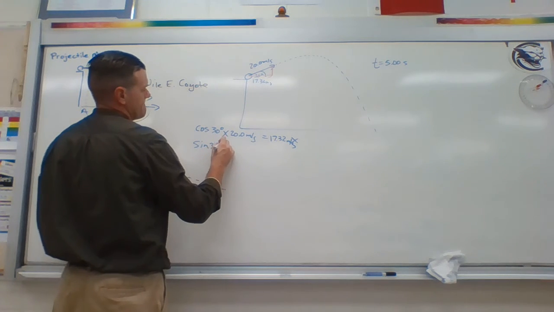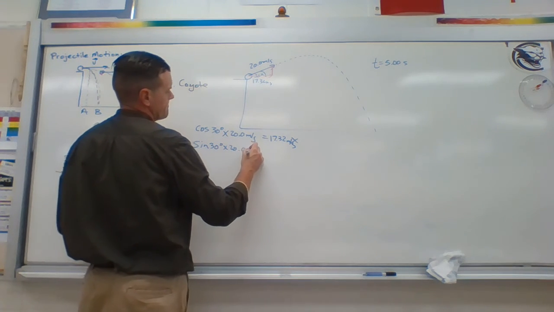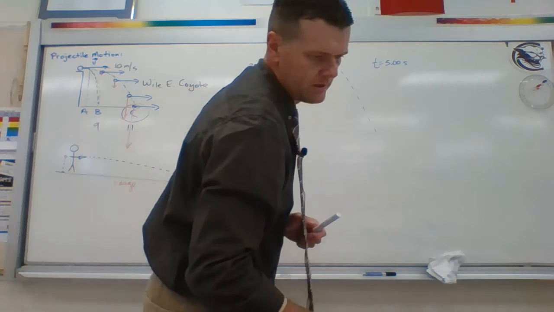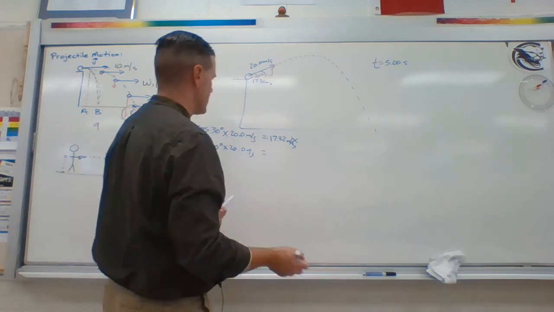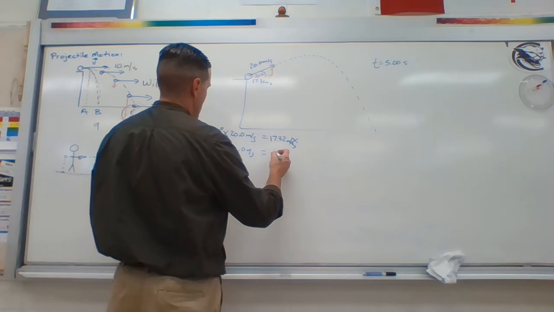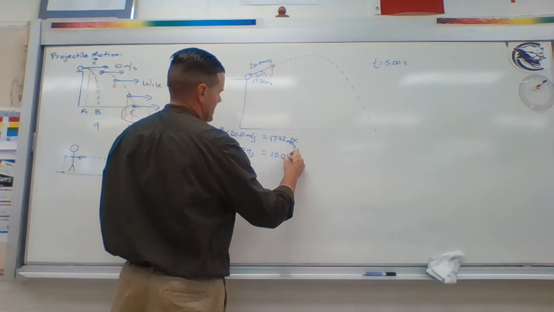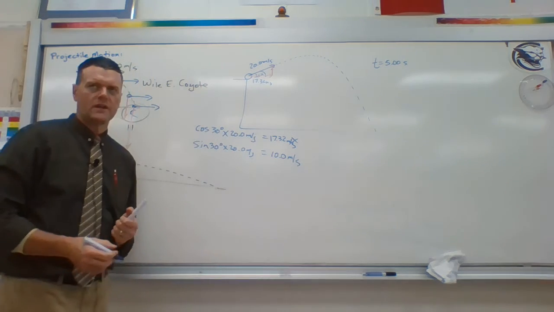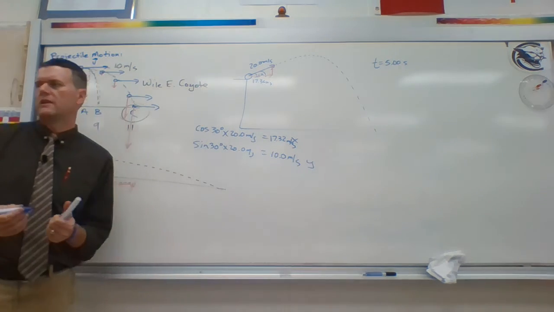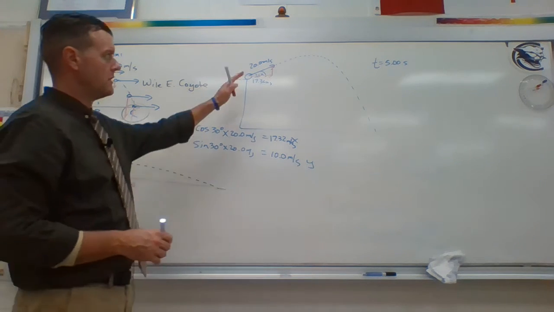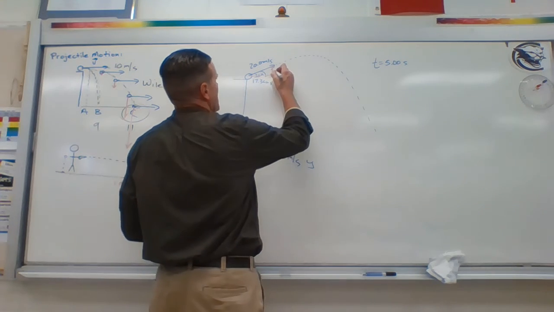Sine of 30 times 20 is, oh, that's right. Sine of 30 is 0.5, so this is 10 meters per second, and that's the y value. Okay, that's how fast it's going in the y direction upwards.